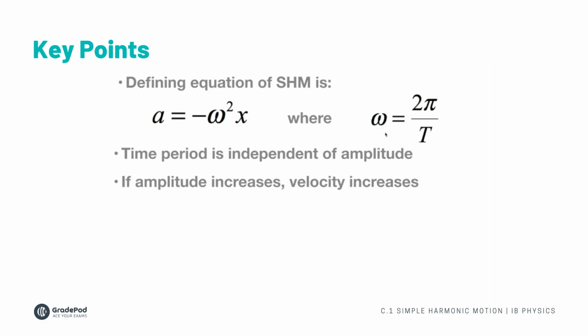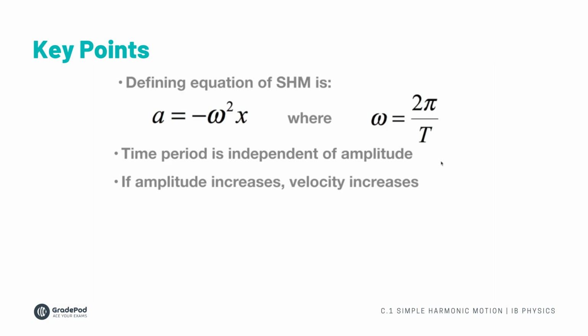Now this means that omega has to be a constant. So if omega is equal to 2 pi over T, then T must be constant throughout, and T stands for time period. So what we do know about simple harmonic motion is that the time period of the motion is independent of amplitude. Therefore, if we change the amplitude of the oscillation, all that will happen is that the object will oscillate faster to maintain the same time period.